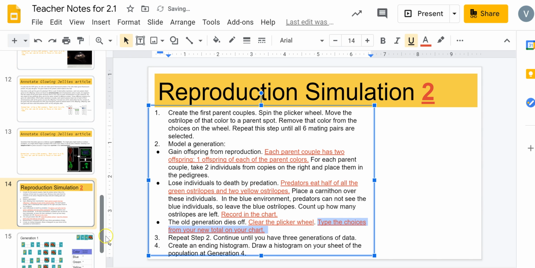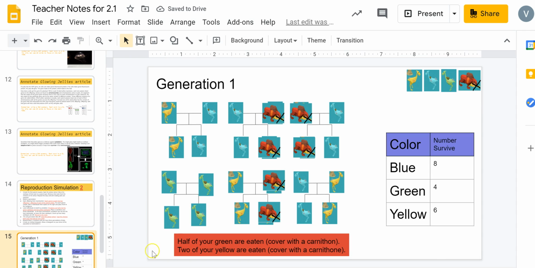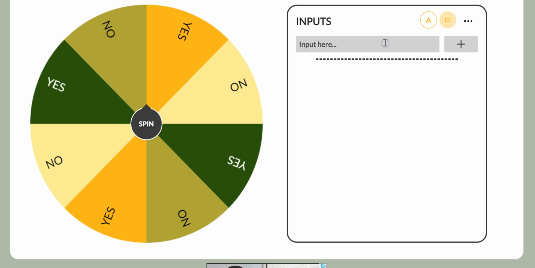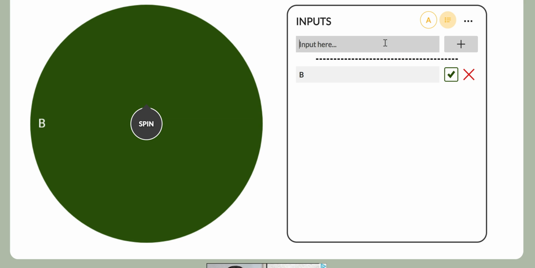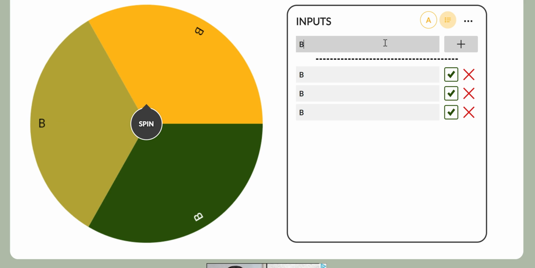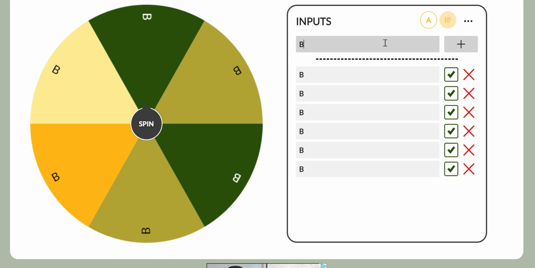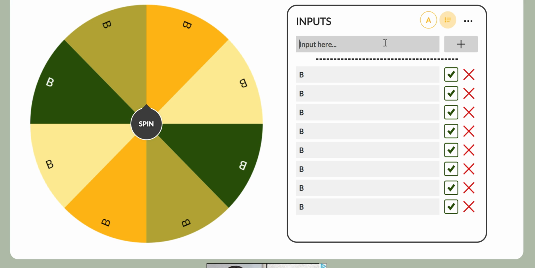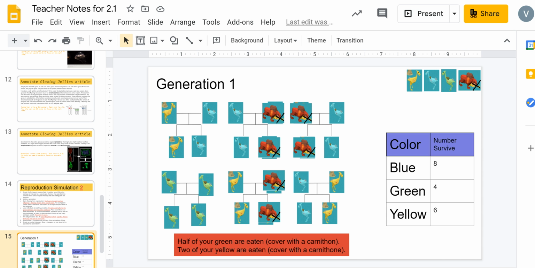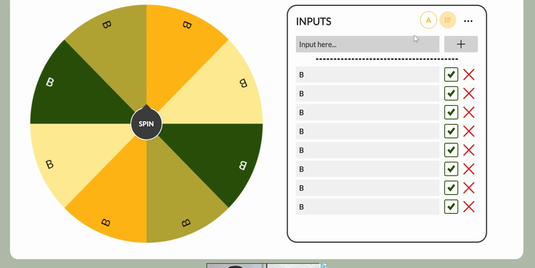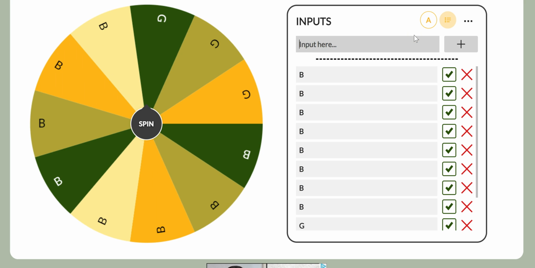So what did we have left on our chart? We have 8 blues. So I've got to go back here, and in my input, I got to put 1, 2, 3, 4, 5, 6, 7, 8. I put 8 blue in. And how many green did I have? I had 4 green. So 1, 2, 3, 4.